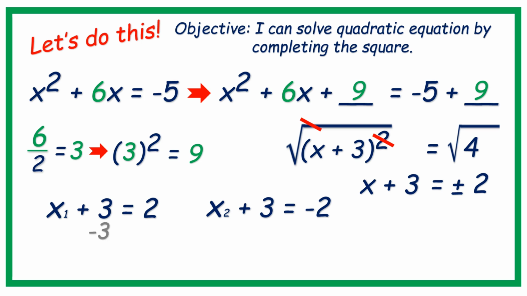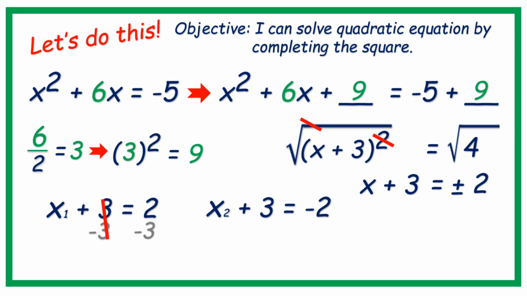Again, if we want to isolate the variable x sub 1, we need to subtract 3. When you do that on the left side, do that also on the right side. 3 plus negative 3 is 0, so you cancel it out.